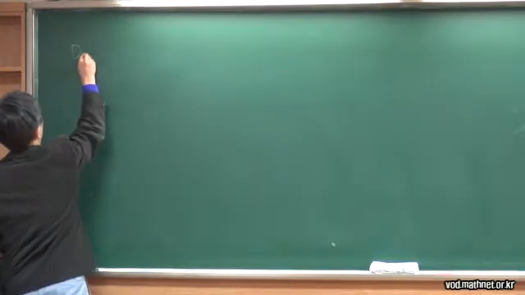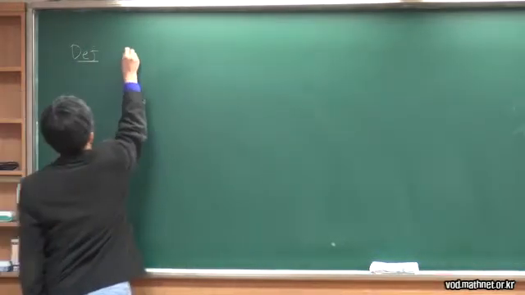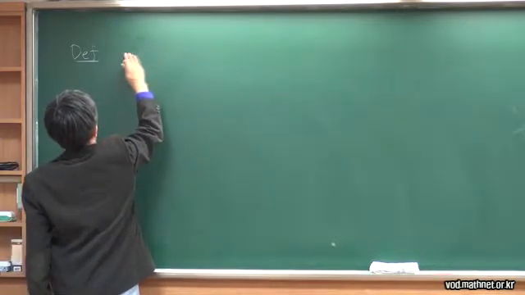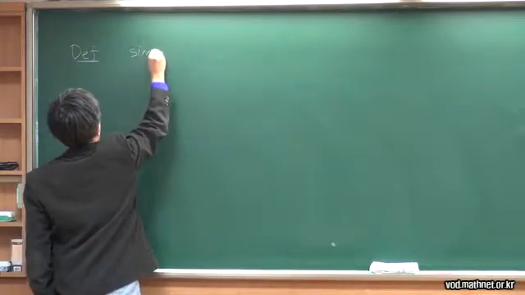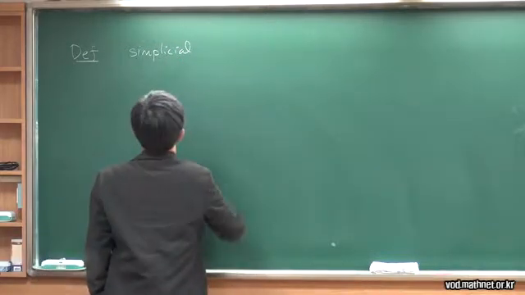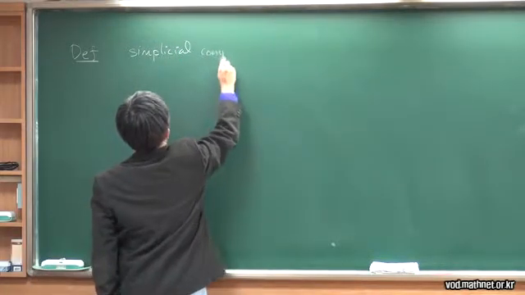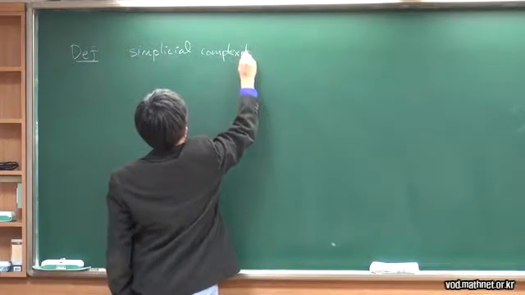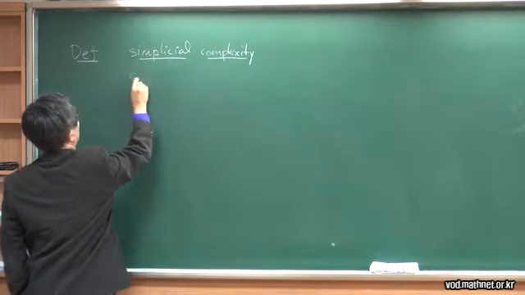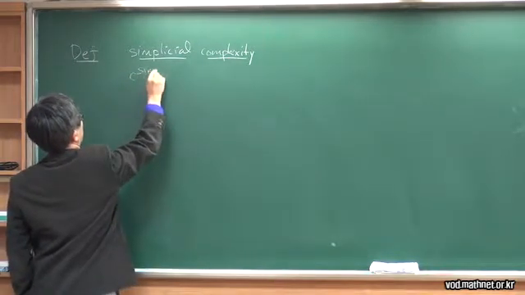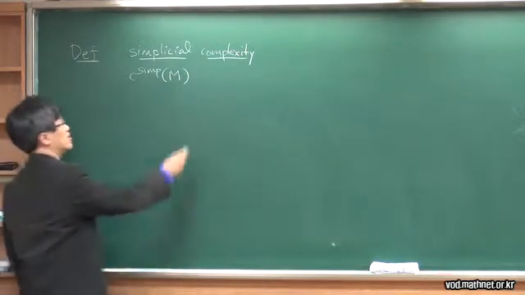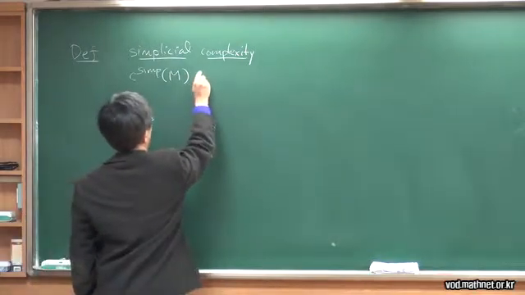Let me start with the simplicial version. The simplicial complexity, which I denote by C simplicial, of a three-manifold M. Here in this talk, M is always a three-manifold.